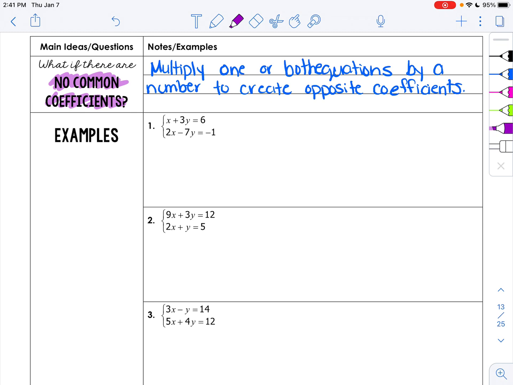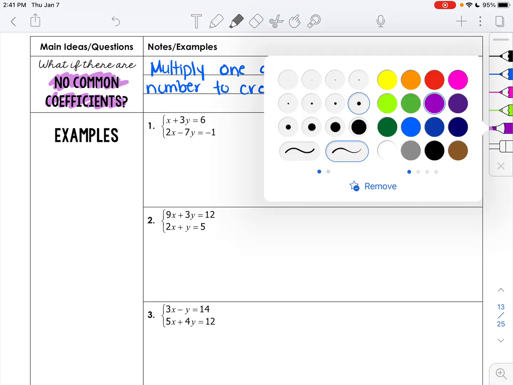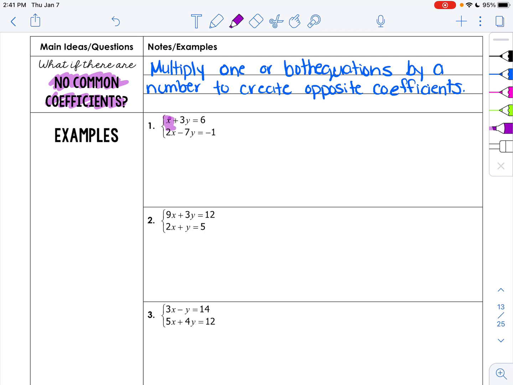I'm going to choose to make my x terms matching so that I have -2x and a positive 2x. So in order to do that, I need to make my top x coefficient -2. So to make that coefficient -2, I'm going to multiply that whole equation by -2.